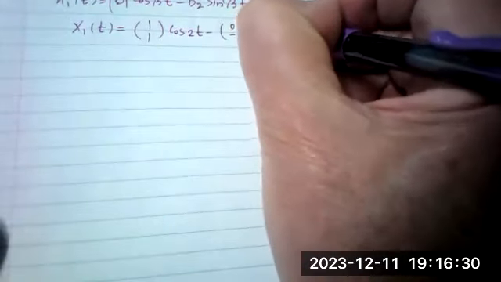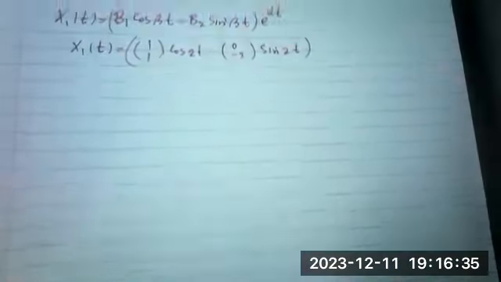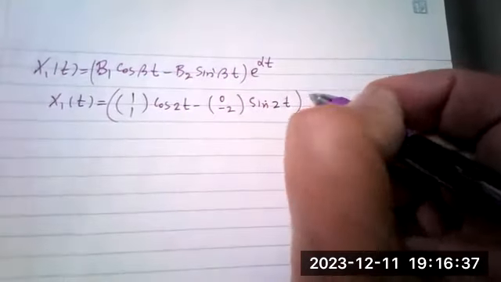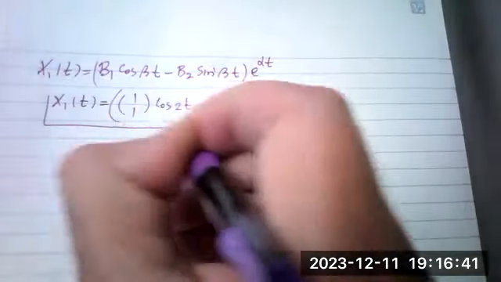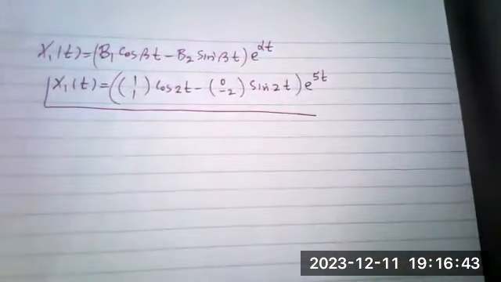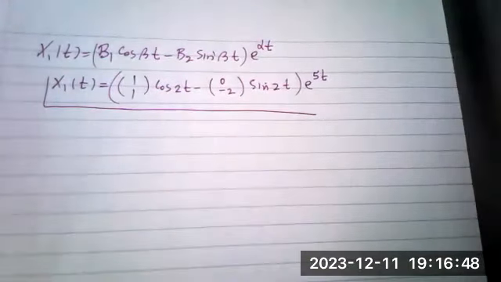And the sine of 2t, times e to the 5t. So this is going to be your x1. Any questions? So you have to know that formula.